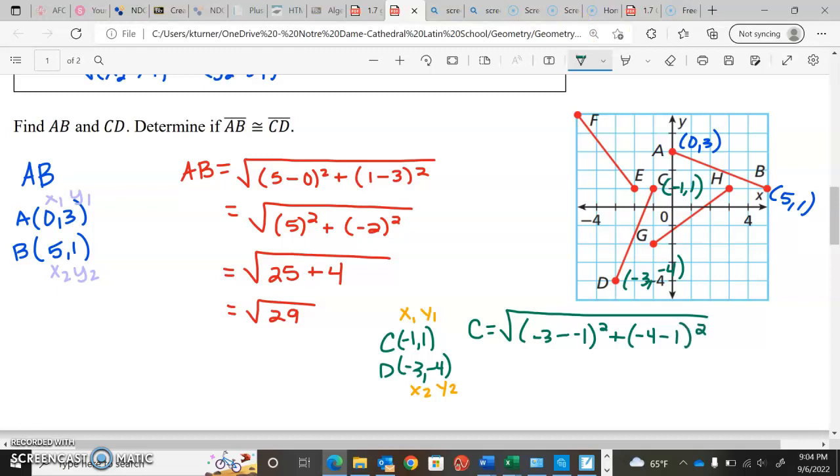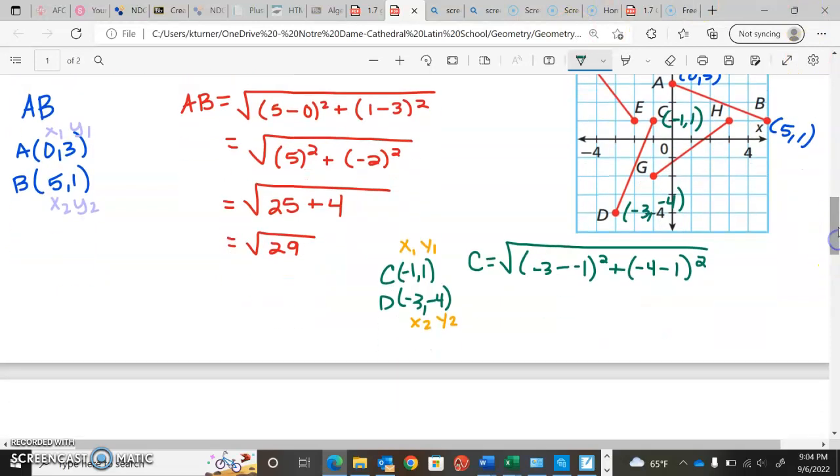All right, so now simplify inside the parentheses first. So negative 3 minus a negative 1 is really plus 1, so that's negative 2 squared, plus negative 4 minus 1 is negative 5 squared.